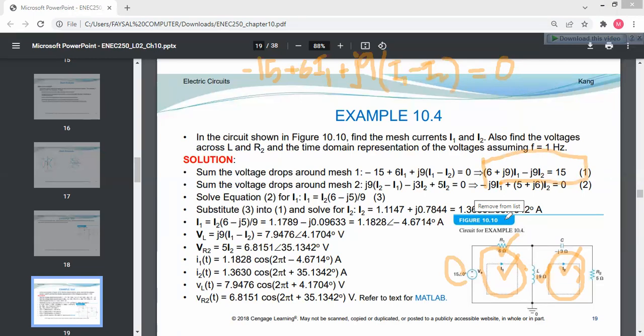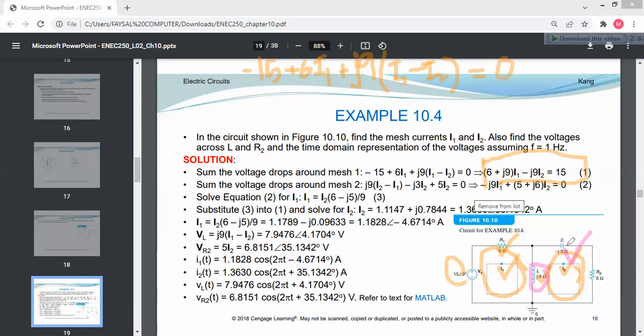Now moving towards mesh 2. So where is mesh 2? Mesh 2 is this parameter. For mesh 2 it will be J9, this is the inductor value L, J9, and now the difference is I2, so it will be I2 minus I1.